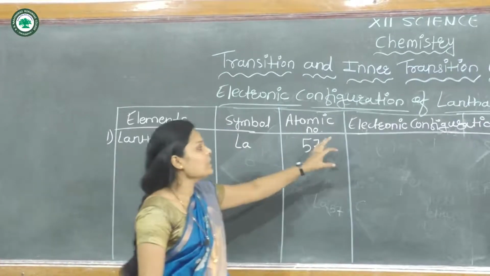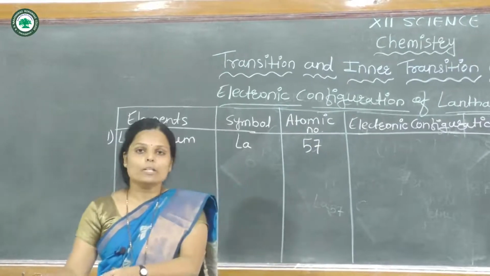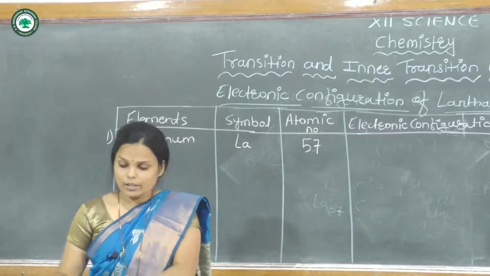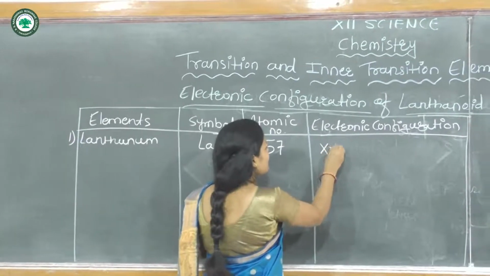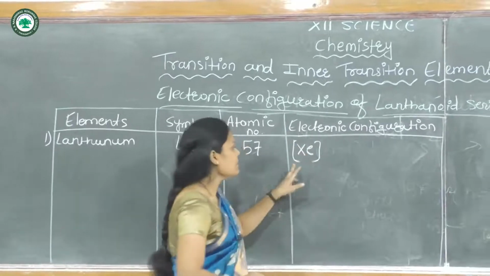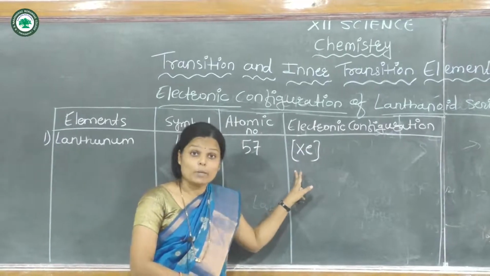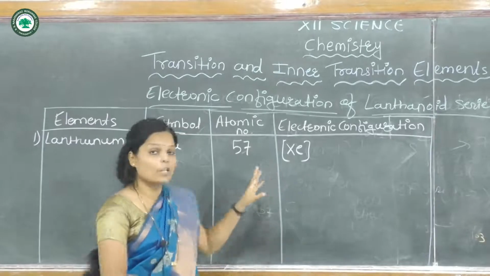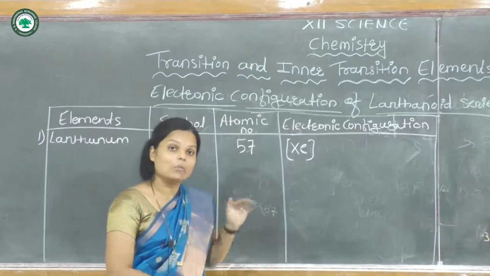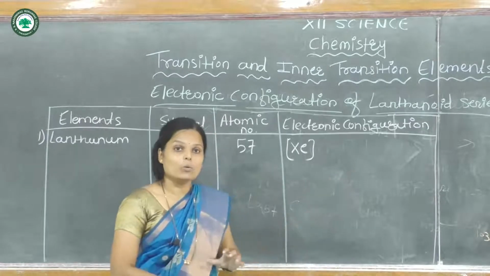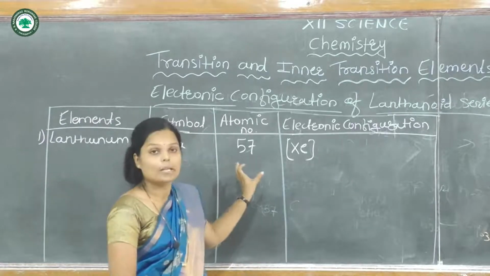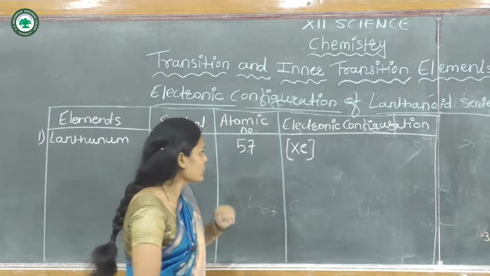Then here is the electronic configuration. We discuss the general electronic configuration, which we can write down. Here is xenon. Why is it placed here? Xenon is a noble gas and its atomic number is 54. And we can calculate the other electrons, so we can easily calculate the electronic configuration of lanthanum.